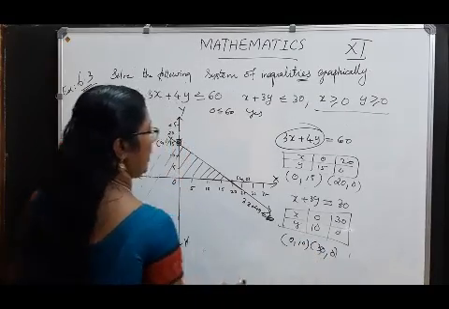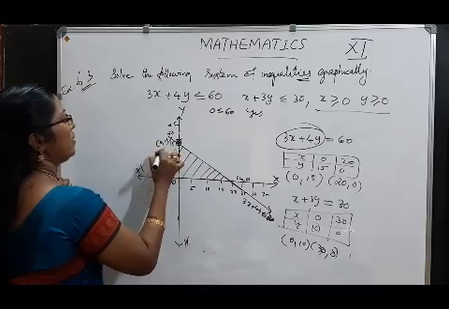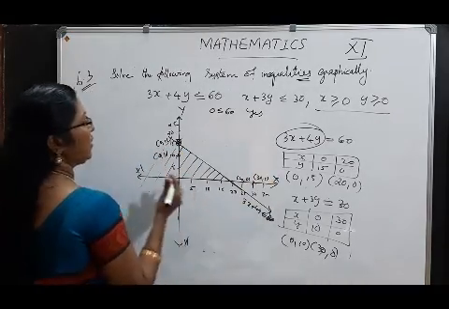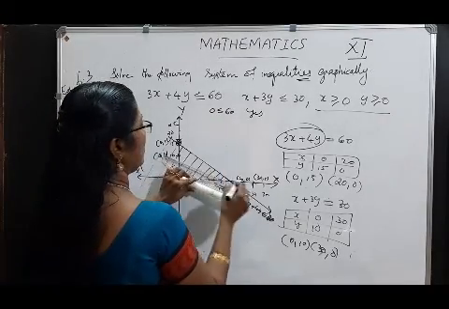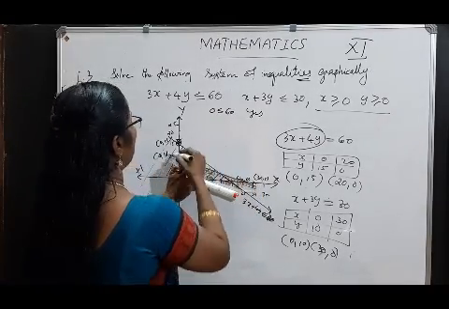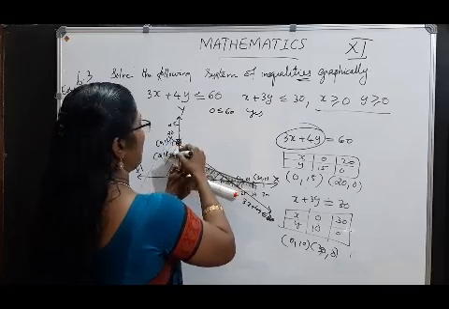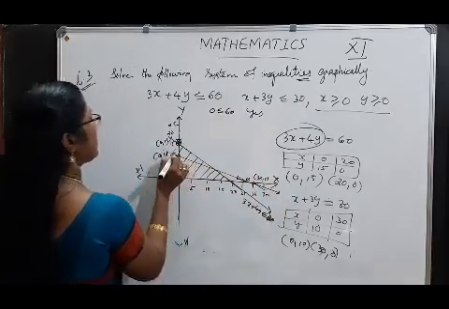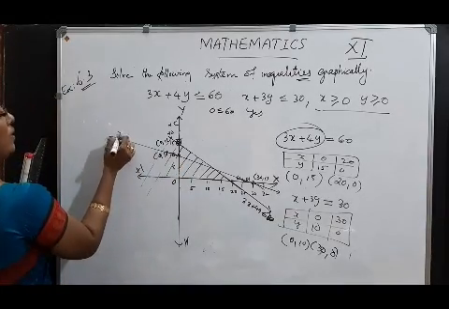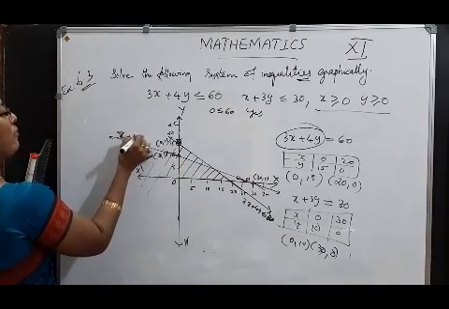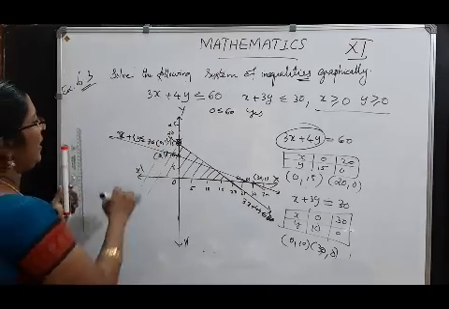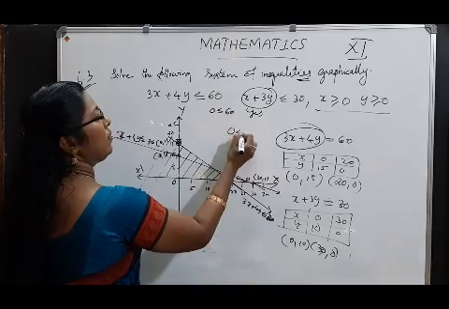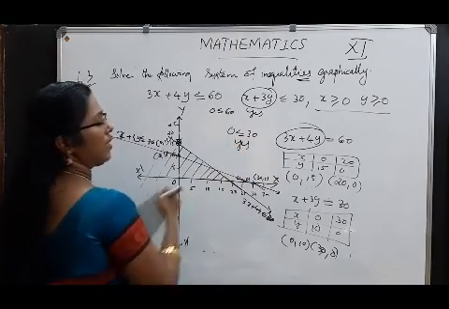The points are 0, 30 and 10, 0. Here this is 0, 30 and this is 10, 0. Here the inequality represents 3x plus y less than or equal to 30, and 0 less than or equal to 30, yes.